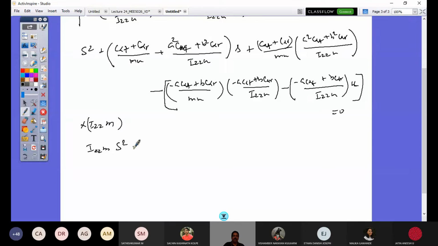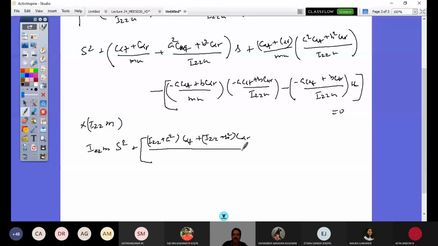And inside this, since m is there, when I multiply, m goes, IZZ into this, and here m will be there. So I'll just write this expression; you can later work out how it comes. So (IZZ plus a squared) into C alpha F plus (IZZ plus b squared) into C alpha R by u.